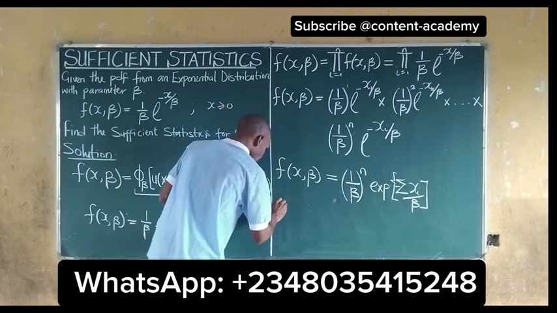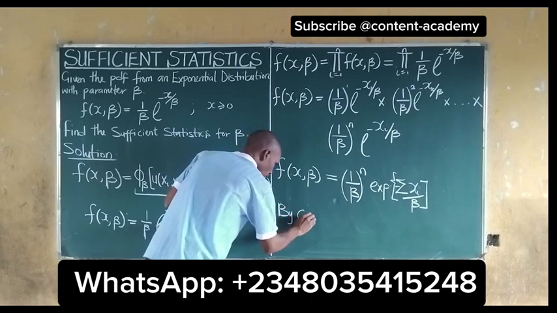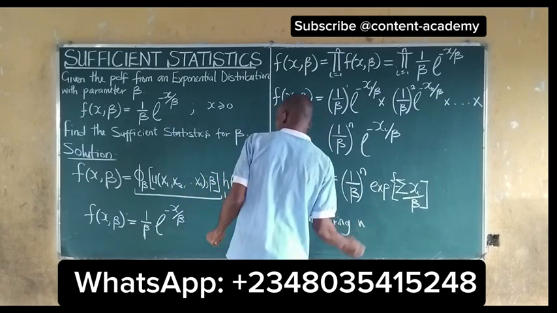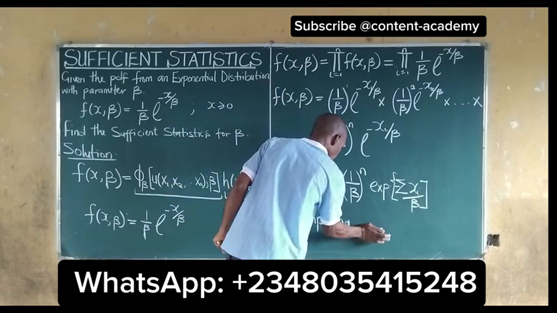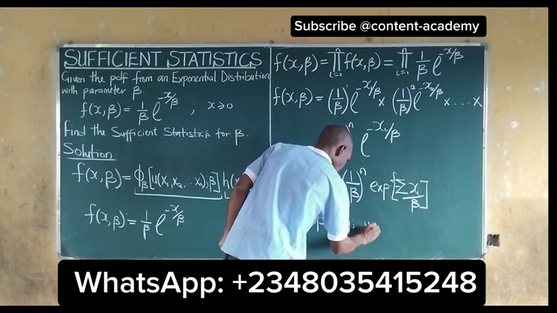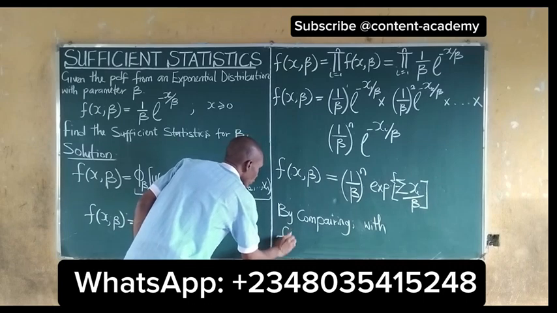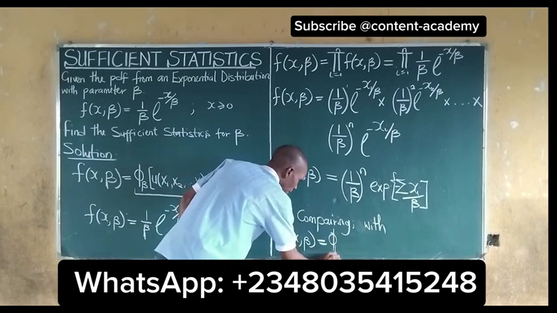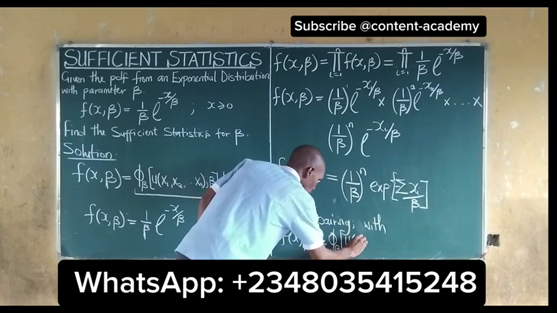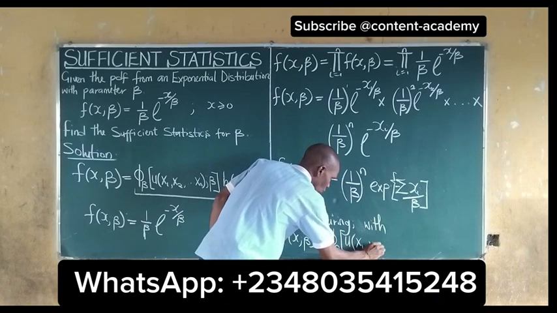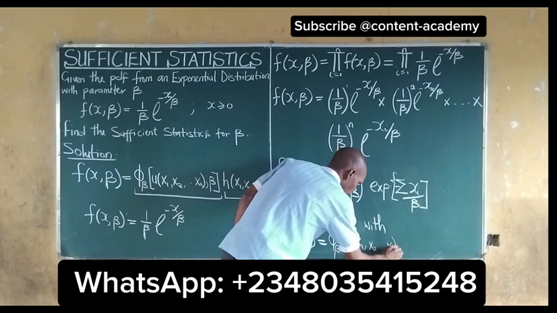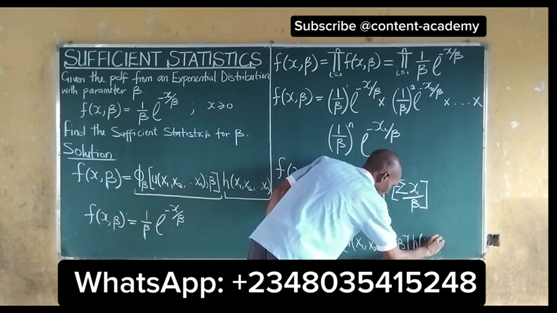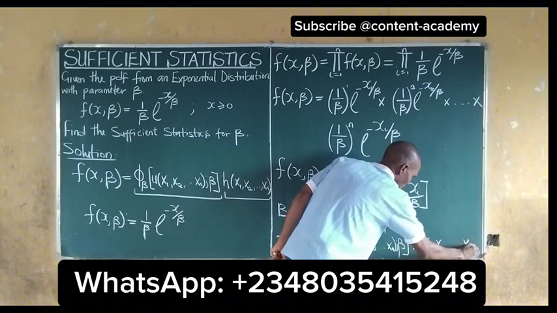So by comparing with the factorization theorem, we said it must satisfy phi of beta into u of x1, x2 to xn, which also depends on beta, and h of x1, x2 to xn.